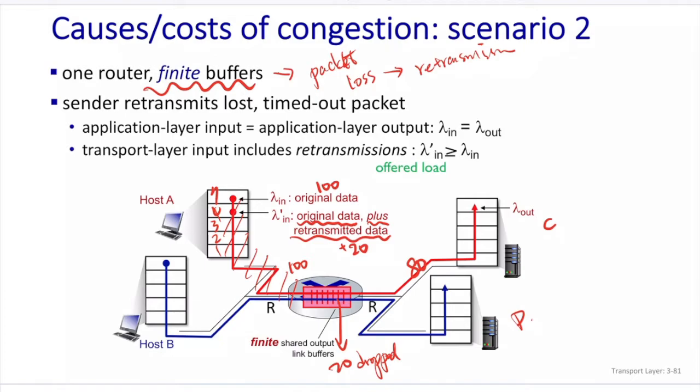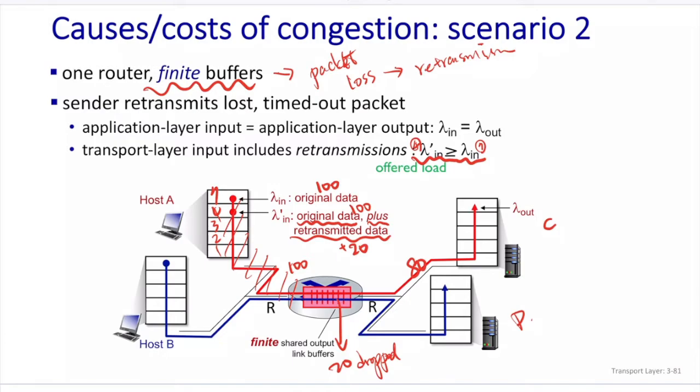So layer 4 includes the original 100 data plus the 20 retransmitted data. The entire lambda prime n is larger than the original lambda n at layer 7. So that is at layer 7, that is at layer 4. At layer 4, more data has been sent to layer 3 than the data sent from layer 7 to layer 4, because of retransmission.